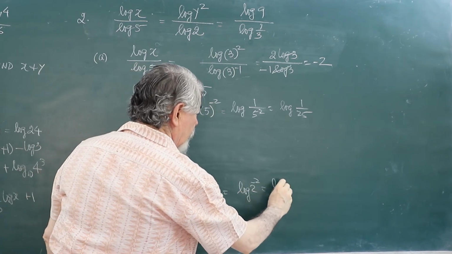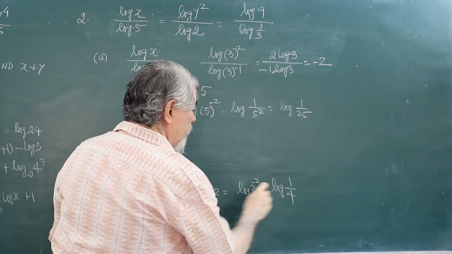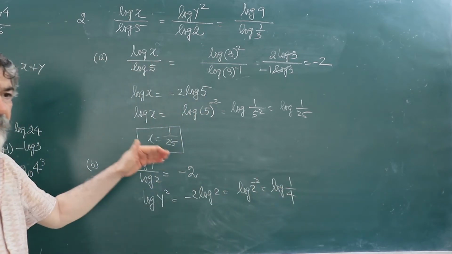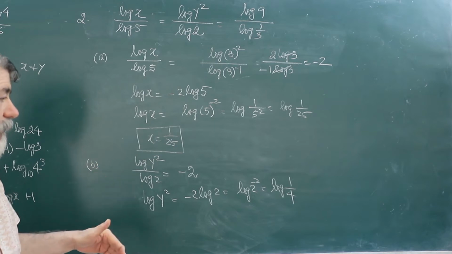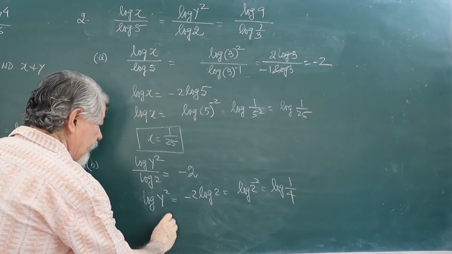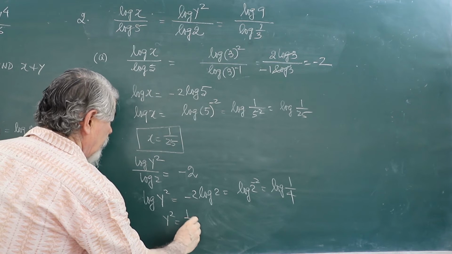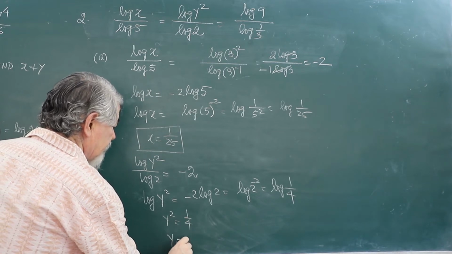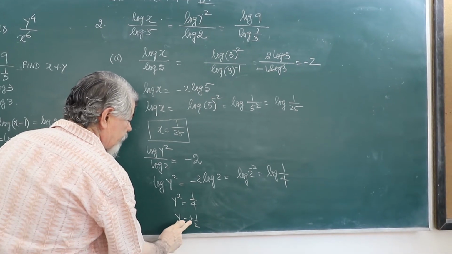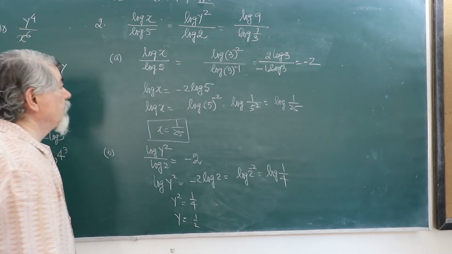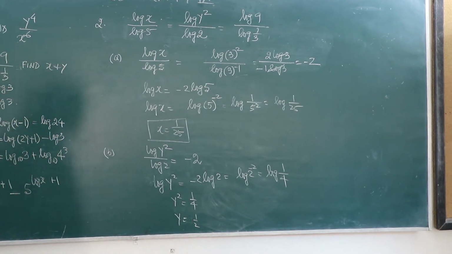It will become log 1 upon 4, because we will bring the power minus 2 in the denominator, or y square will be 1 upon 4, or y will be plus minus 1 upon 2. It should be plus 1 upon 2. In the logarithm, the values are always positive.